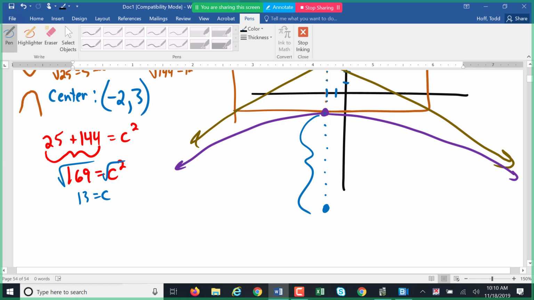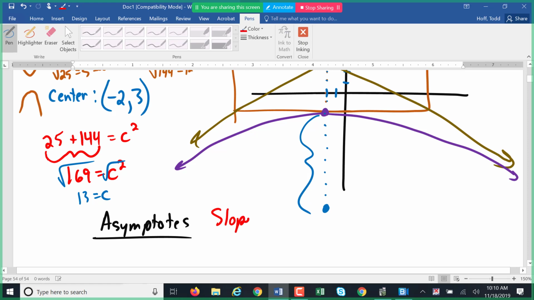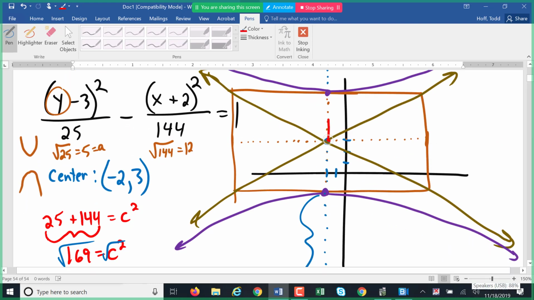So now that we've seen a couple of examples, I want to talk about the asymptotes a little more. First thing I want to talk about is their slope. If I look at this triangle right here, the slope of that asymptote is simply this value here, which was 5, over this value here, which was 12.